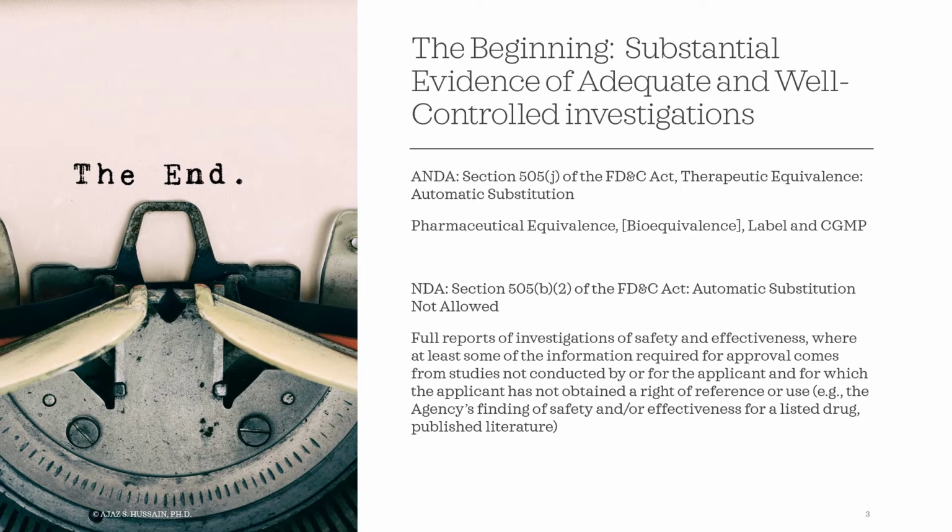In 505(b)(2) applications, evidence must provide full investigations of safety and effectiveness, where at least some of the information required for approval comes from studies not conducted by or for the applicant and for which the applicant has not obtained a right of reference or use. For example, the agency's finding of safety and/or effectiveness for a listed drug, or published literature.